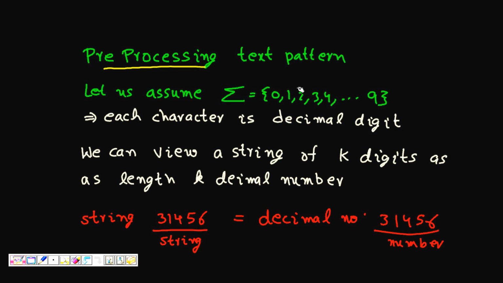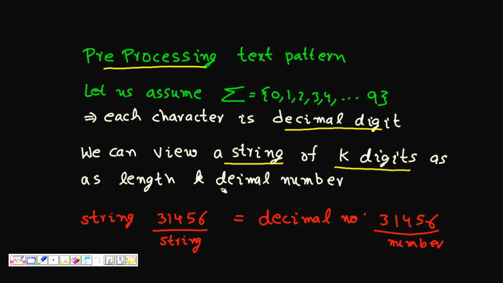So for now, each character is a decimal digit here, and hence we can view a string of those numbers, a k-digit string, a k-length string, also as a decimal number.